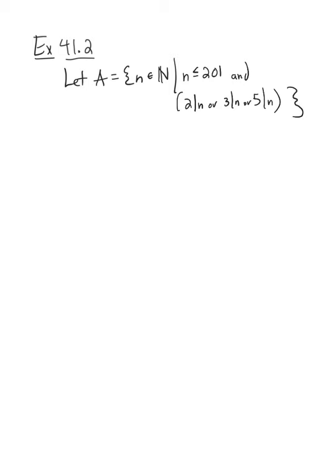So that's our set A. It's all numbers at most 201 that are divisible by either 2, 3, or 5.